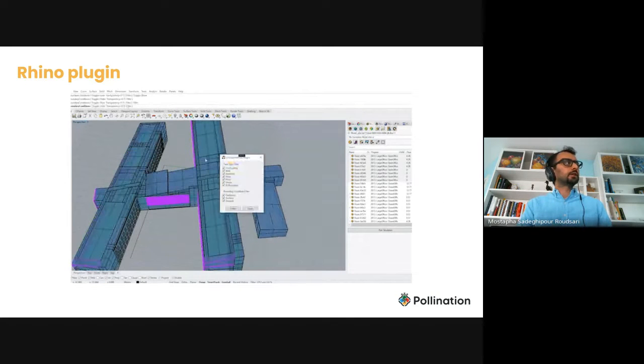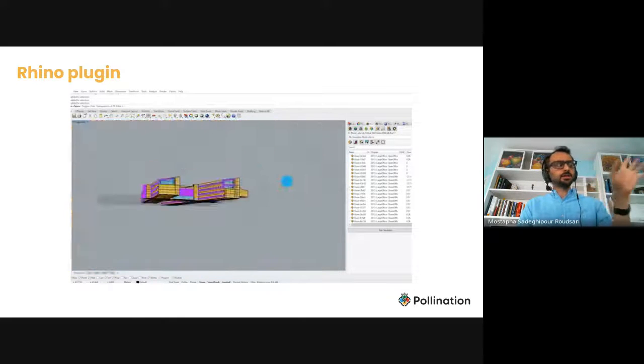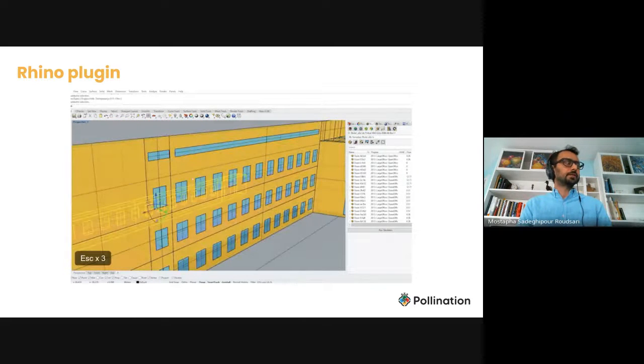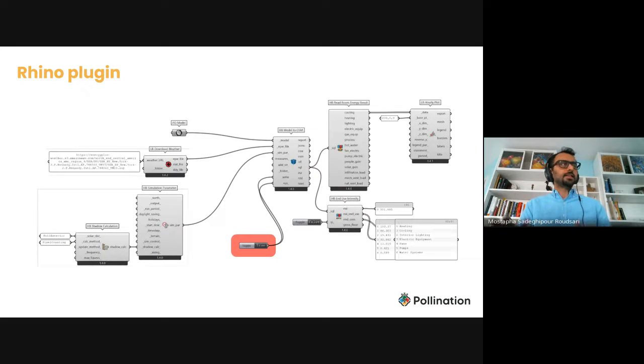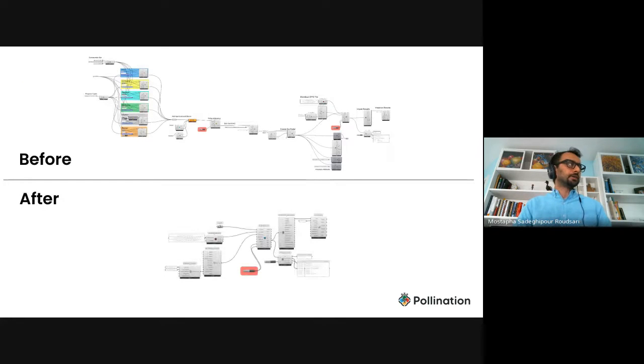In Rhino, you can quickly move all that modeling to the Rhino side. You can do QA/QC, and check the whole model at the level of every face, as we showed today. That will translate your whole Grasshopper script to this. So what really happens is before and after. Not only is it cleaner, it's faster.